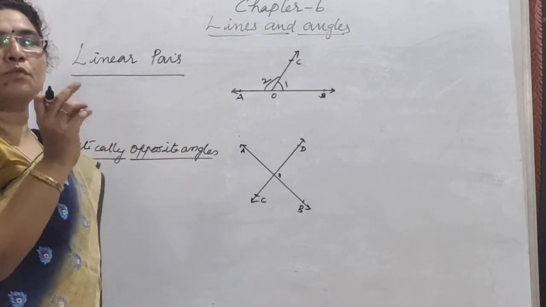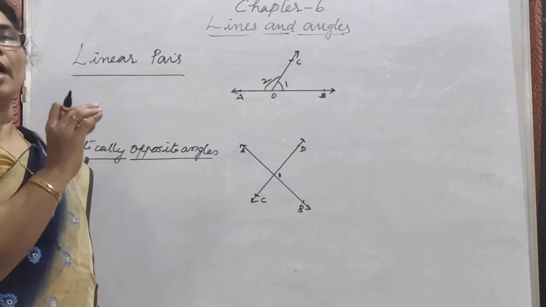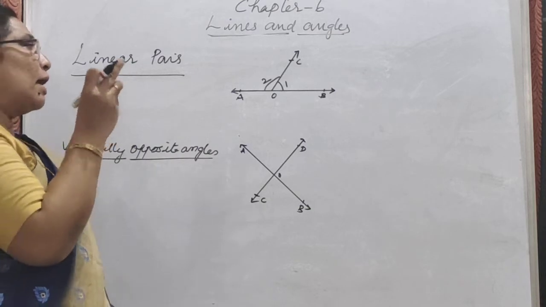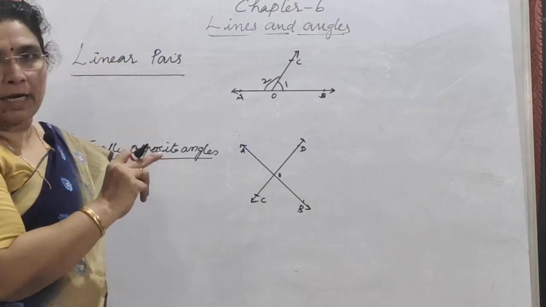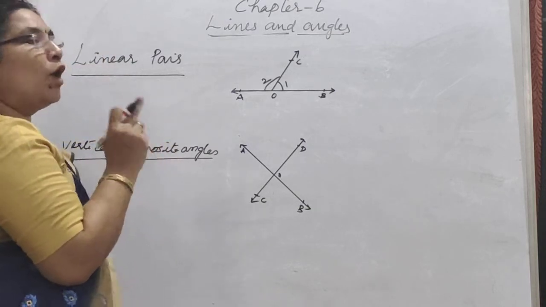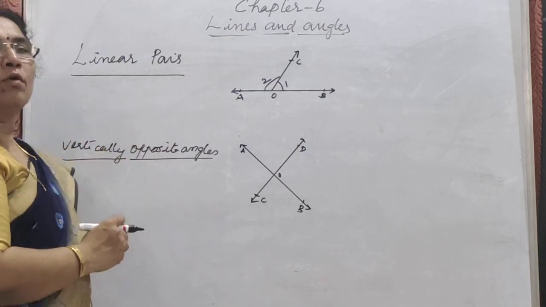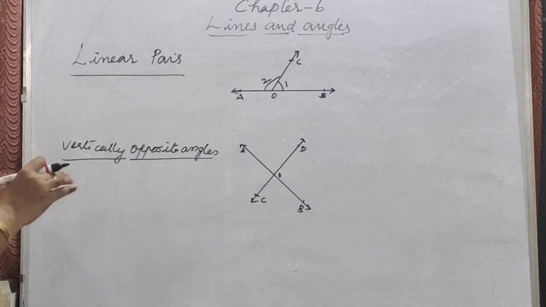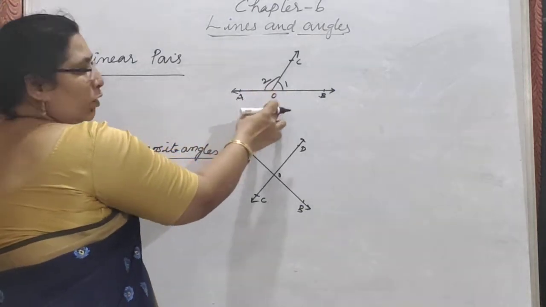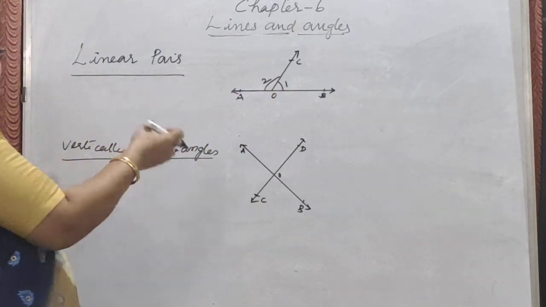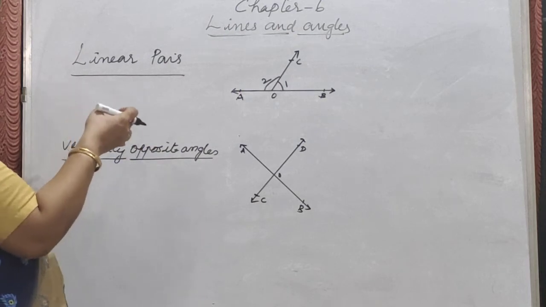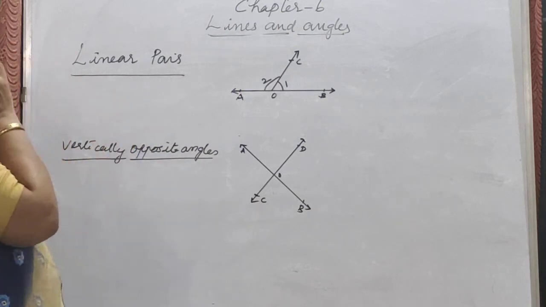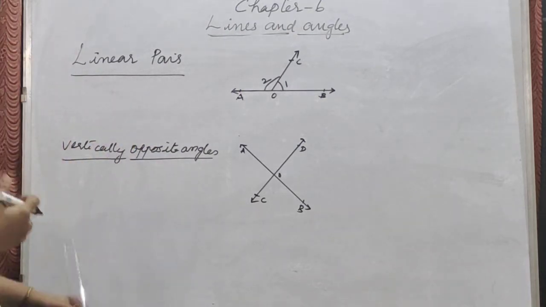So the first condition is that it should be adjacent angles, and the adjacent angles sum is equal to 180 degrees, or we can say the non-common arms form a line. If it forms a straight line, then naturally the angle is equal to 180 degrees. This we learn later as an axiom. We will have the statement also, that we will study later.